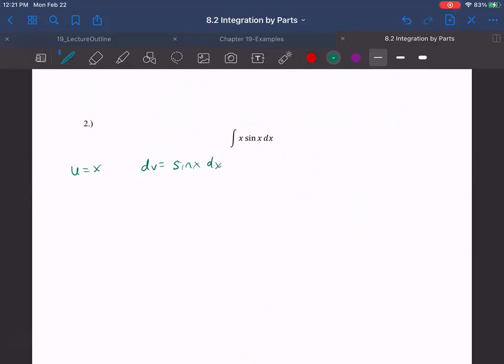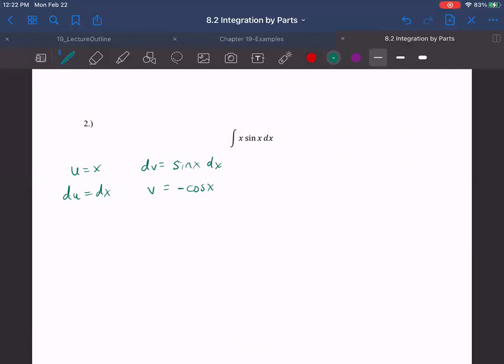So then what's du going to equal? And what is v going to equal? There we go, negative cosine x.